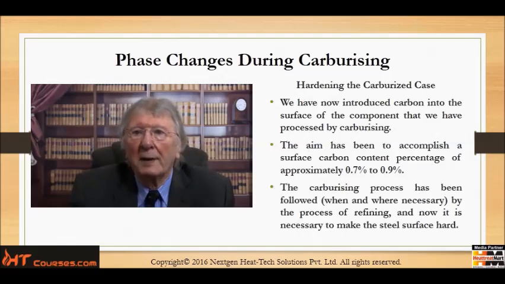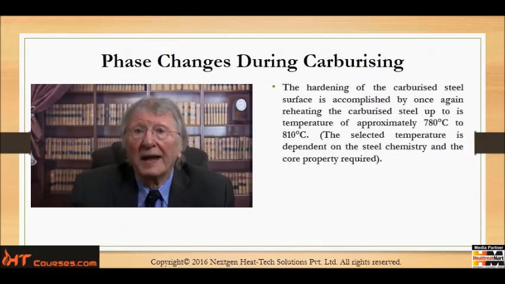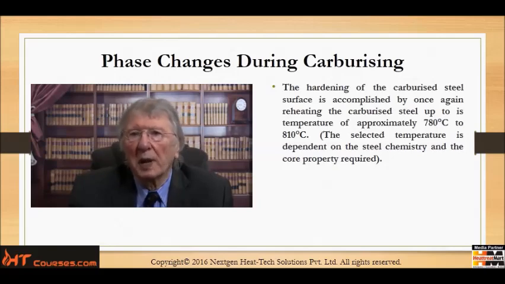The carburizing process is followed, when and where necessary, by the process of refining, and it is now necessary to make the steel surface hard. The hardening of the carburized steel surface is accomplished once again by reheating the carburized steel up to a temperature of approximately 780 degrees centigrade to approximately 810 degrees centigrade.